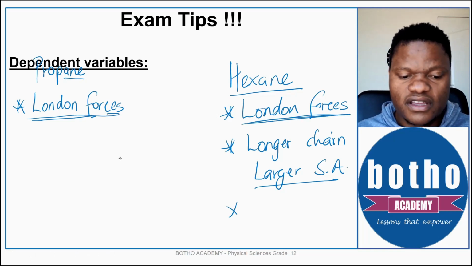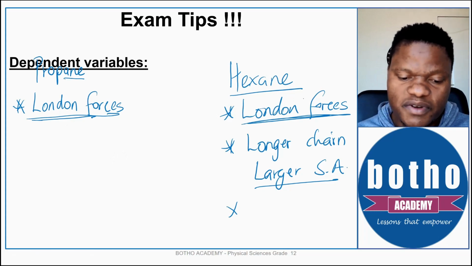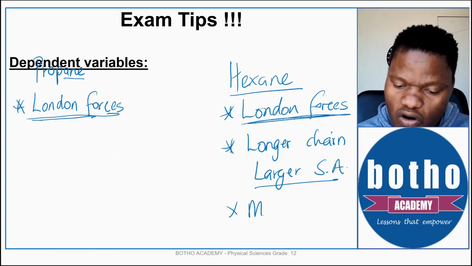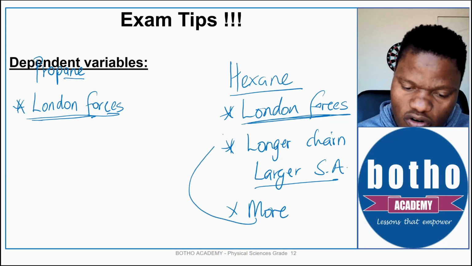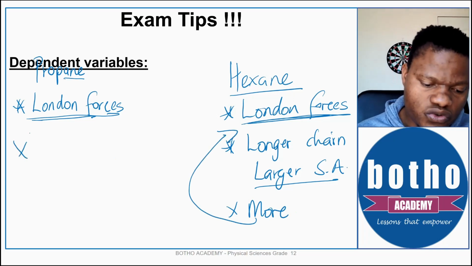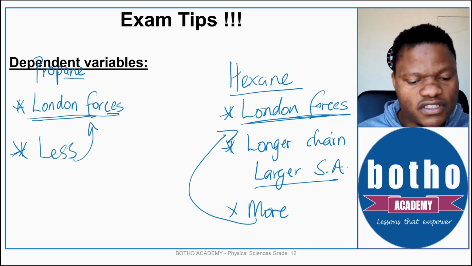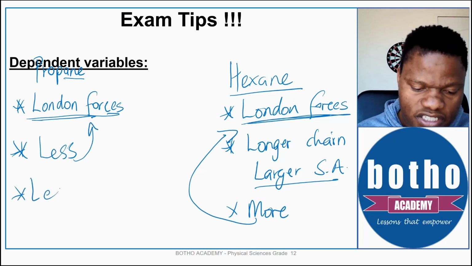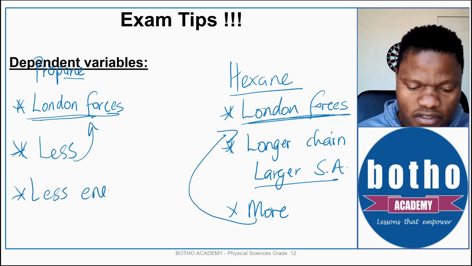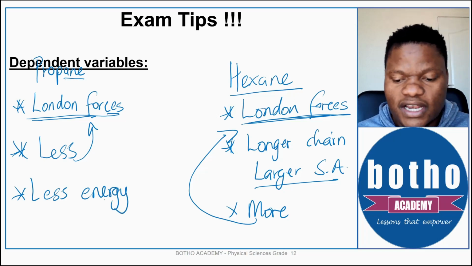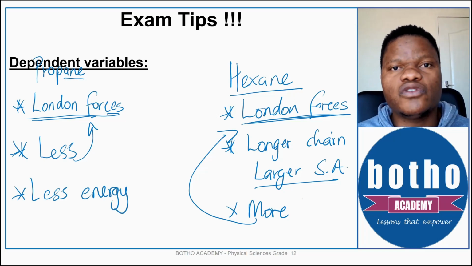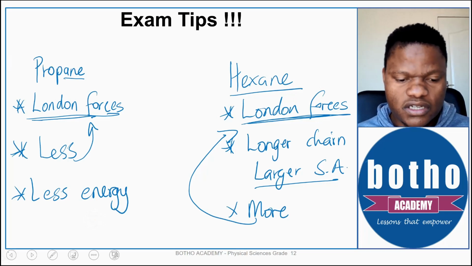You still have the same London forces, but this side there will be more of them, and here we are going to have less. If you have less of these London forces, therefore you need less energy to overcome these intermolecular forces, because they are less anyway, and here you're going to need more energy to overcome those intermolecular forces.